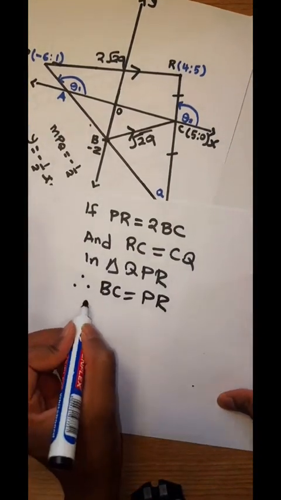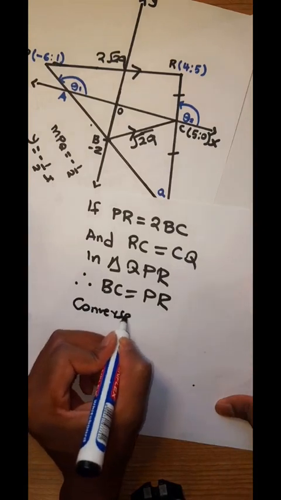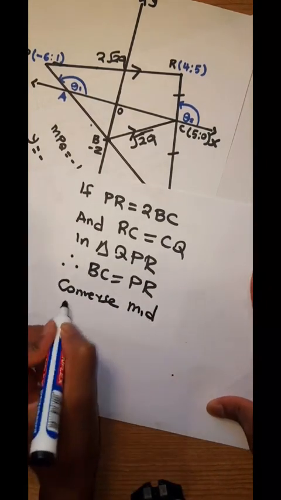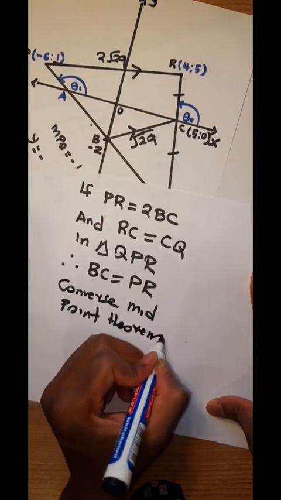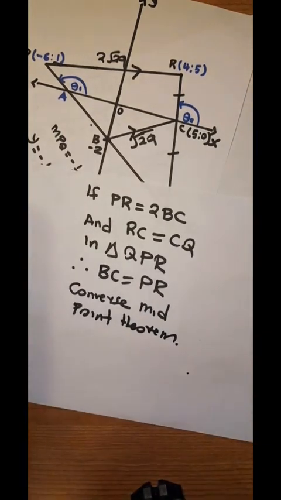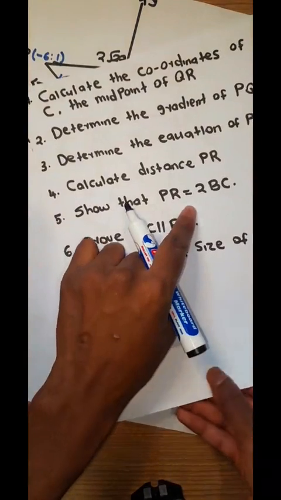Why? Because this is what we call the converse midpoint theorem. This is the midpoint theorem, ladies and gentlemen. Look, they've just told us that this PR is 2 times BC.